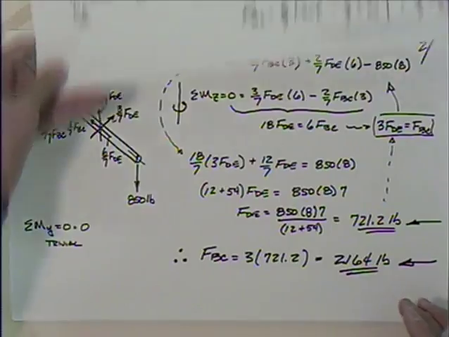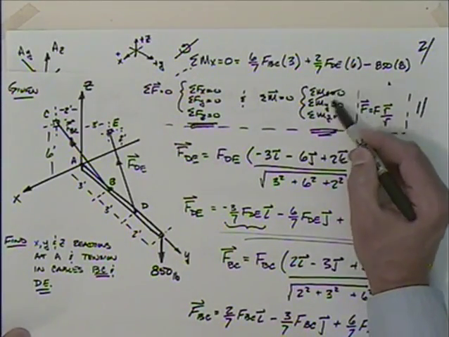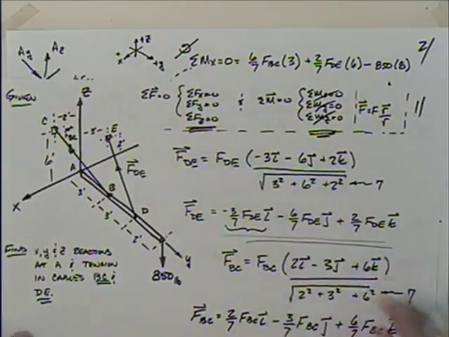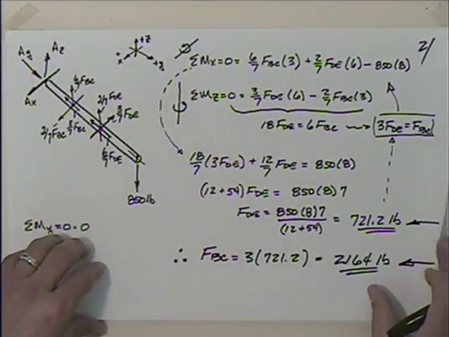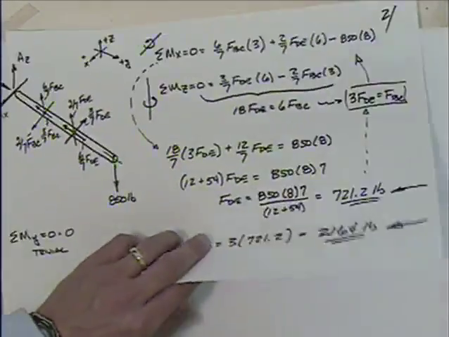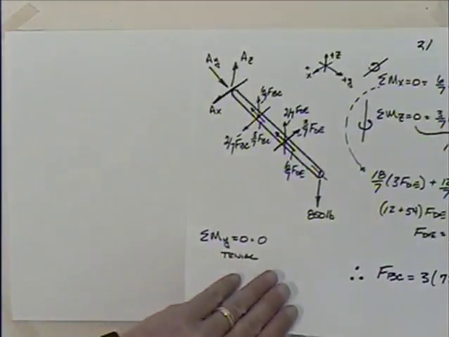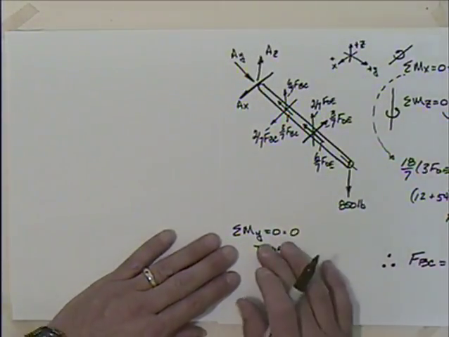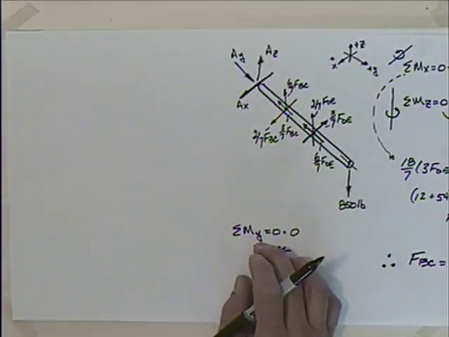As far as keeping track of the equations, we've used all of our moment equations up, so let's move on and look at the force equations. So I'll continue to come back to this free body diagram. So looking at that free body diagram there, I need to write my force equations, don't I?